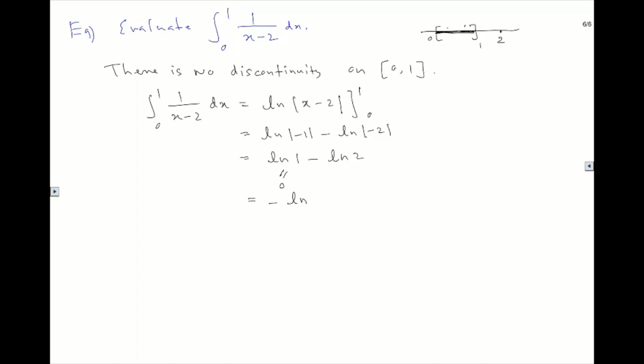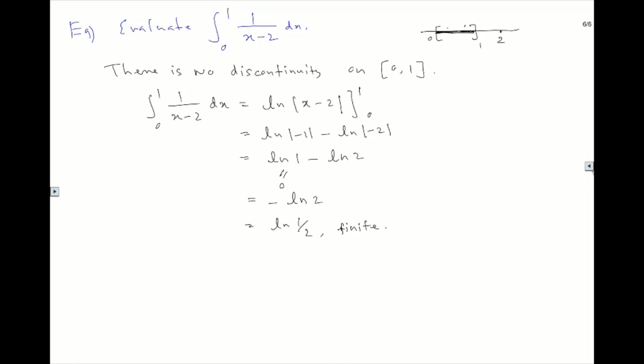This is a -1 times ln 2. If you bring the -1 inside, it is ln 1/2, and then you can see that this is finite. Okay, so finite. So it's just a basic integral. So there are no issues with this.